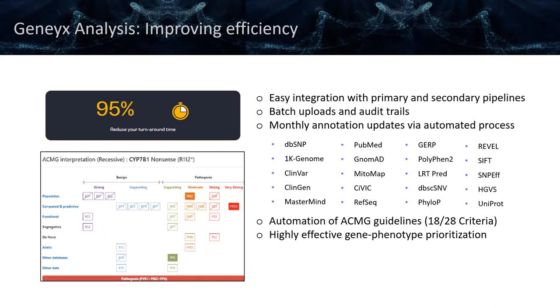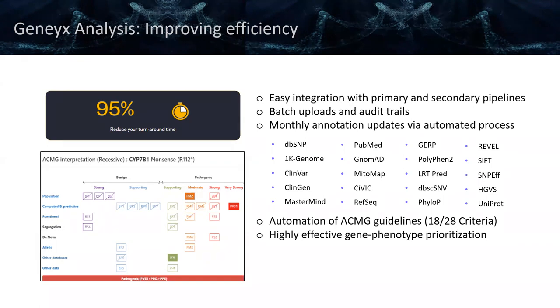And so through an automated process, we alleviate that complexity and provide you with all of the relevant up-to-date annotation sources within the software. Furthermore, we automate the ACMG guidelines. This was a publication that started in 2015, and they outlined 28 criteria. 18 of those are automated within the Geneyx Analysis platform. And then lastly, we have the highly effective gene phenotype prioritization tool.